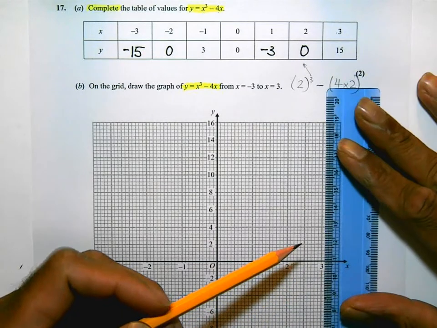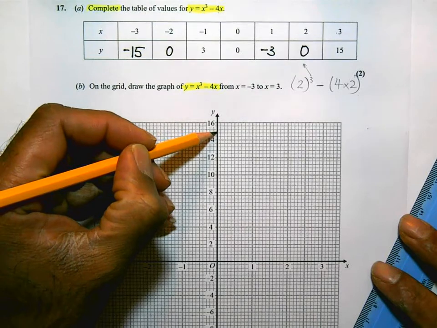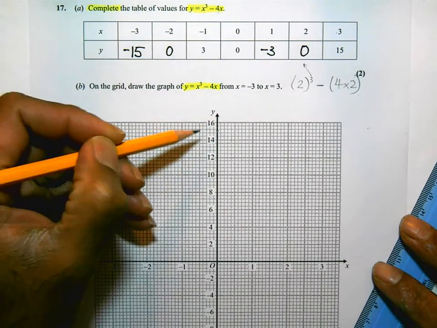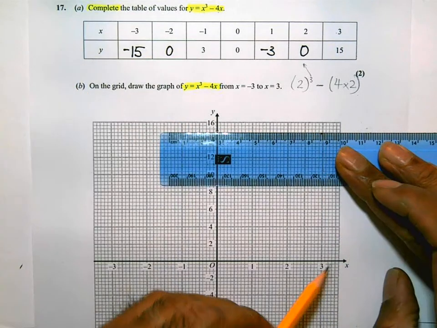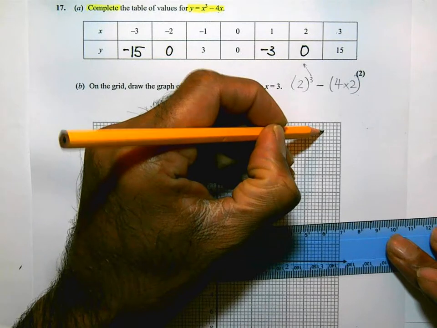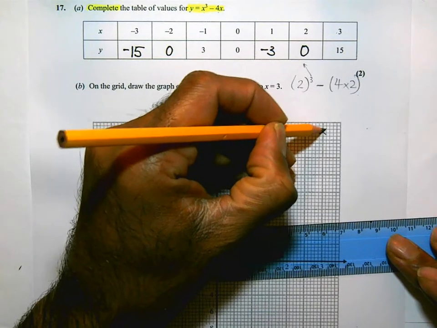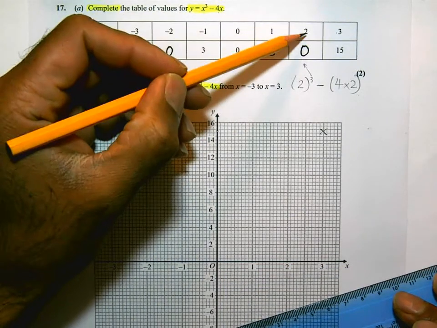Now this is going to be a bit tricky. 15 is going to be halfway between these 2 points, and if I go along and just follow it, that's going to be that point there. I'm going to try to be as precise as possible, and I'm going to put a cross to indicate where that is. Then when x is equal to 2, y is 0, which is pretty straightforward.